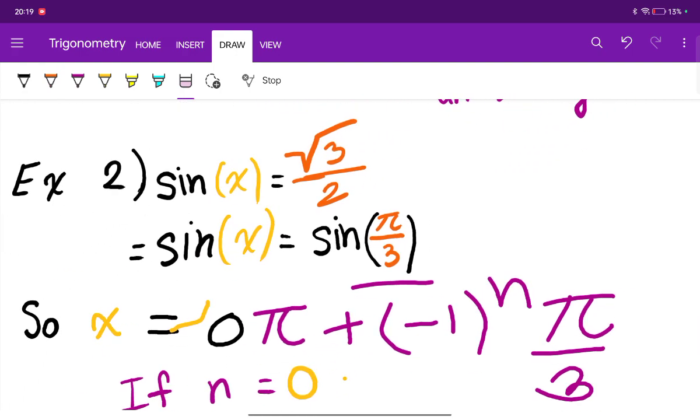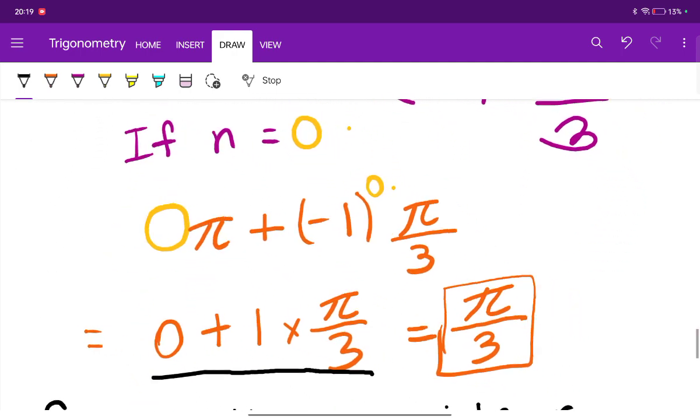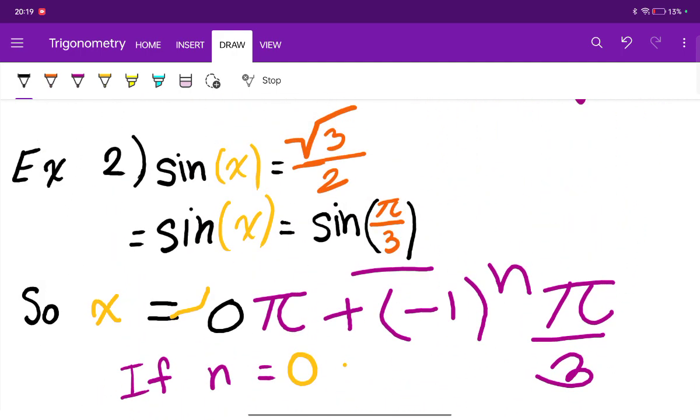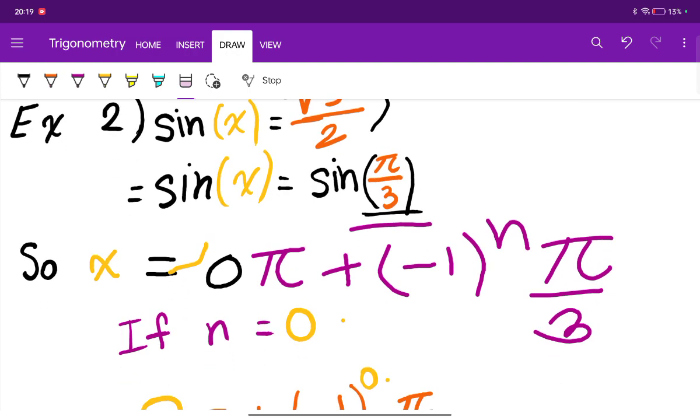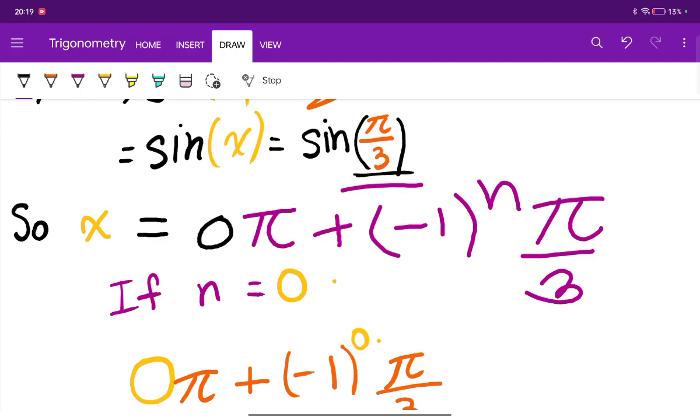So now we have a second example. If sin x is equal to √3/2, so we know that this is equal to sin π/3. So x is equal to nπ plus minus (−1) to the power n into π/3.